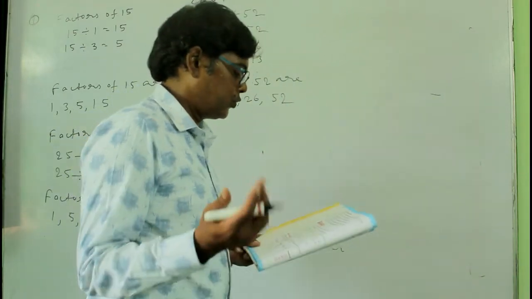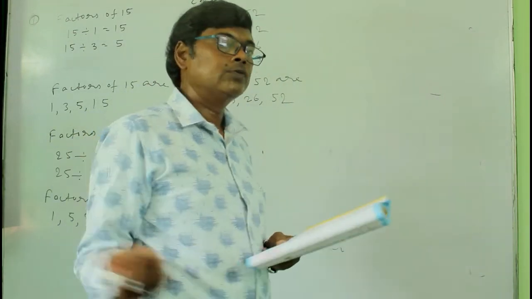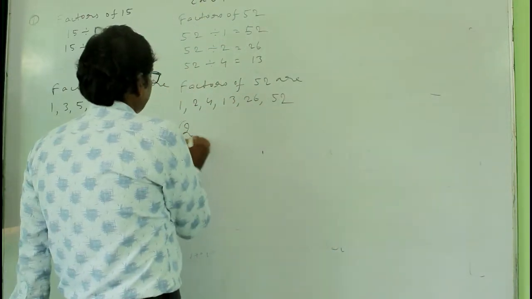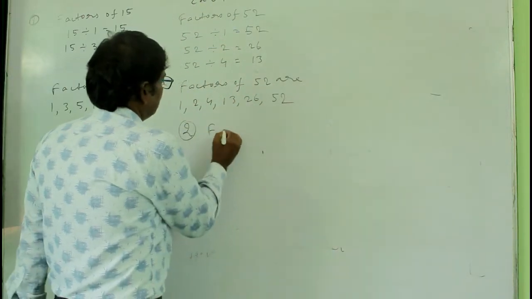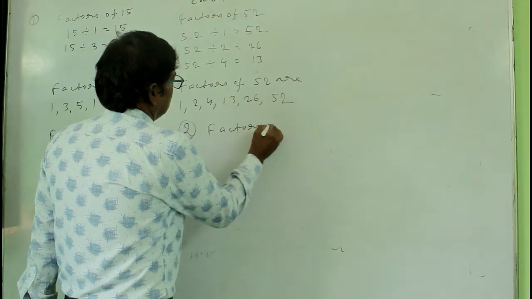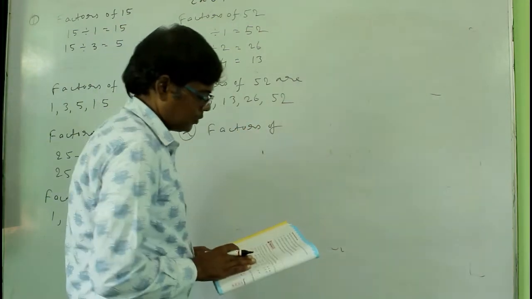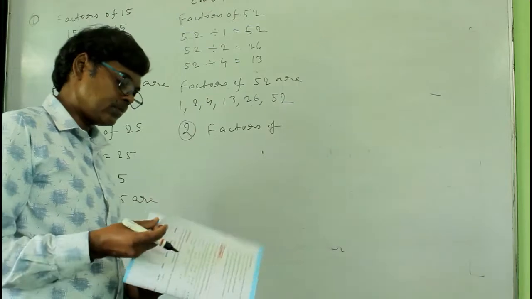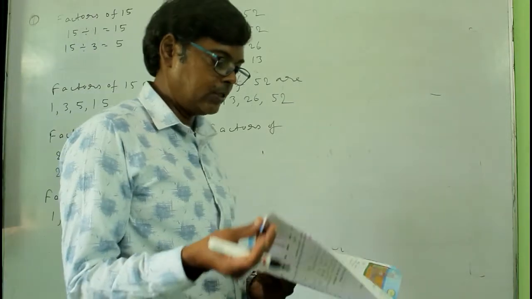So now question number 2. We have to find the factors by using the multiplication method. Here I will find the factors of 33.